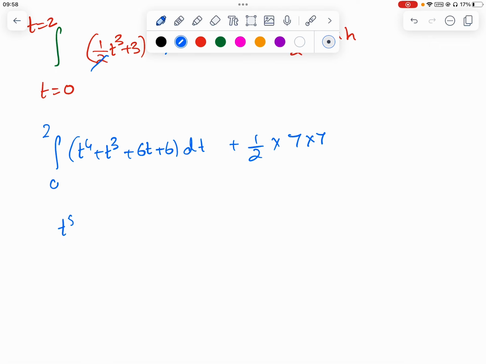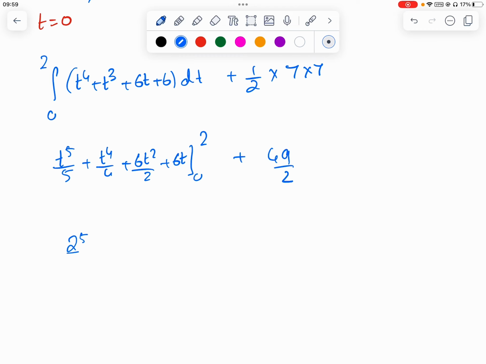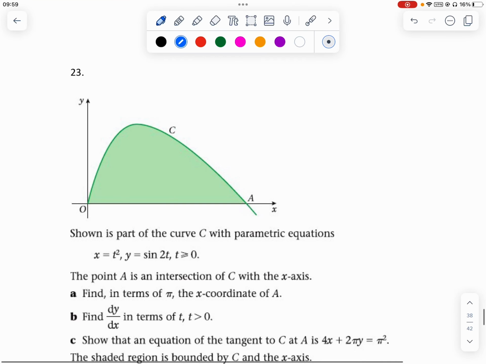So it becomes t^5/5 plus t^4/4 plus 6t^2/2 plus 6t from 0 to 2, plus 49/2. So 2^5/5 plus 2^4/4 plus 3 times 2^2 plus 6 times 2 plus 49/2. Simplify, directly I'm writing the answer: 58.9.